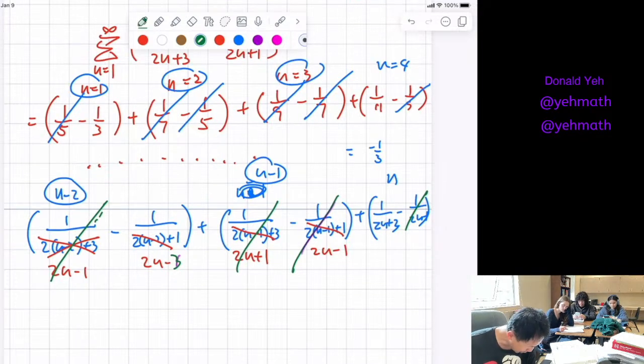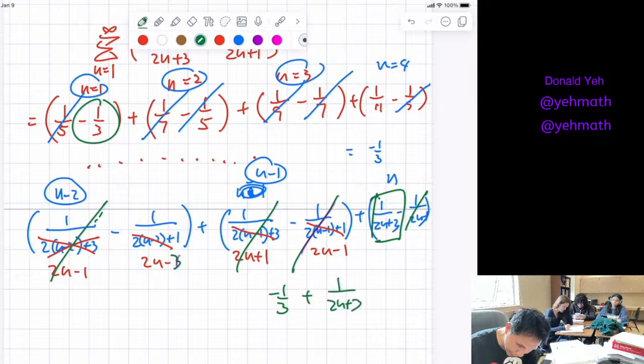So eventually it's going to come down to only this specific term right here. And it's going to have that 1/3 in the front, so it'll be negative 1/3 plus 1 over 2m plus 3. If you continue, that's going to cancel out from the term before.